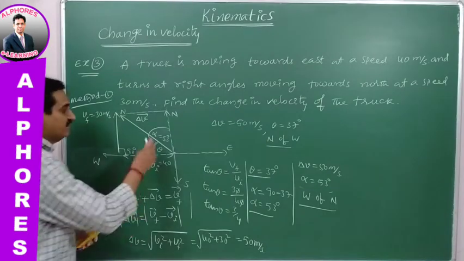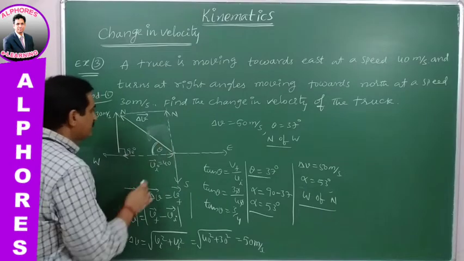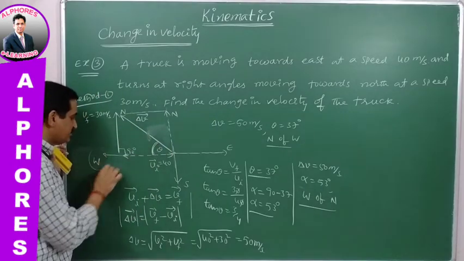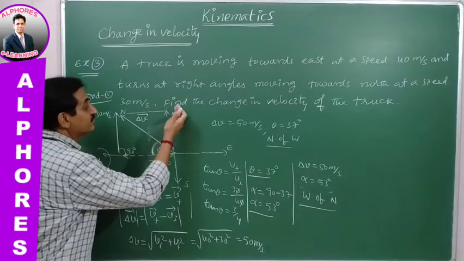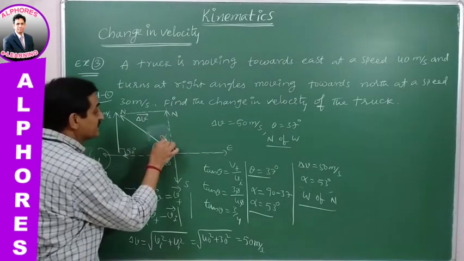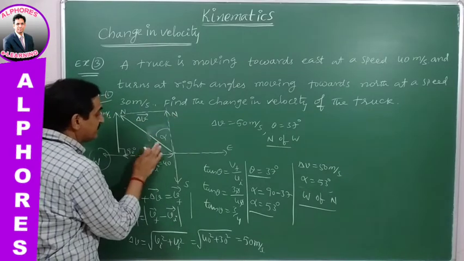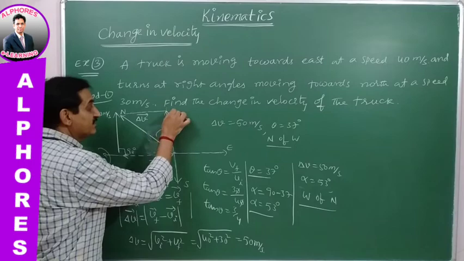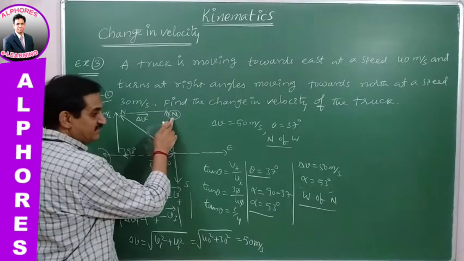Our logic is, no need to see every time like this. Suppose the change in velocity makes an angle with west, then priority is given to the other direction, so north of west. If the angle is made by the change in velocity with the north direction, don't take this name first, take the other direction, west of north.